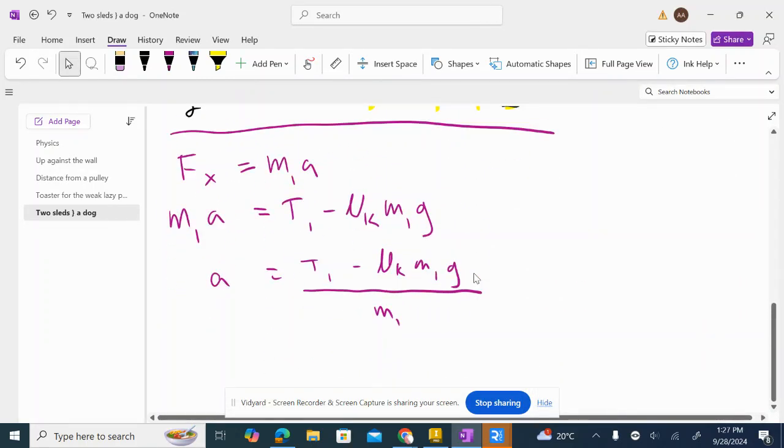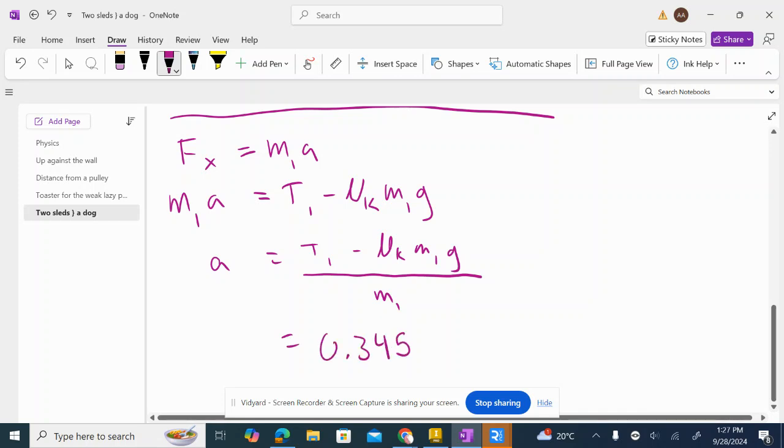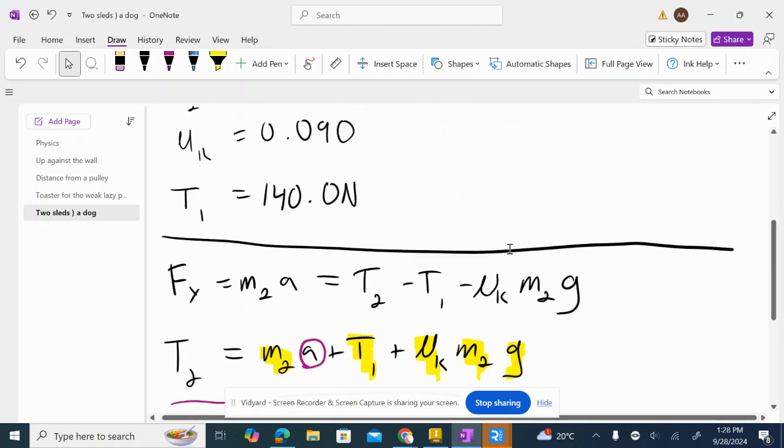Then we divide our answer by M1, which is 114, and we should get 0.345. Oh my god, 345. Okay, so weird.